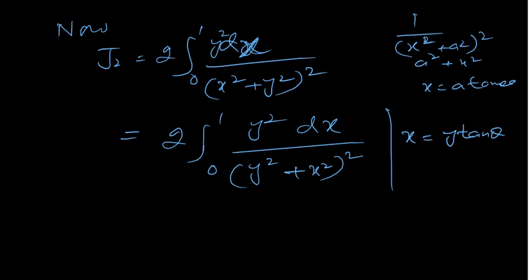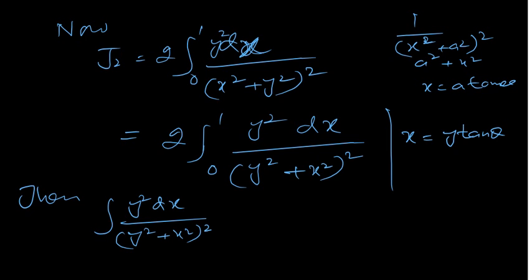But you can see here, I will not change the limits here. Then I have this integral y squared dx divided by (y squared plus x squared) whole squared. What's dx?